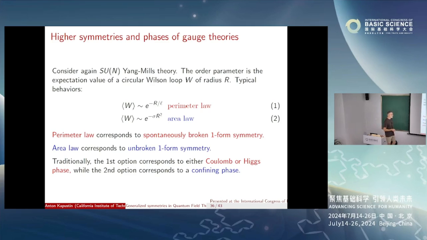Traditionally, the first option corresponds to the Coulomb or Higgs phase, while the second option corresponds to the confining phase. So in this way, you can distinguish the confining phase from the other two phases using a loop-like order parameter. So you can rephrase spontaneous symmetry breaking: the confining phase is a phase with unbroken symmetry, and the other two are phases with broken symmetry. This does not distinguish the Coulomb from the Higgs phase.